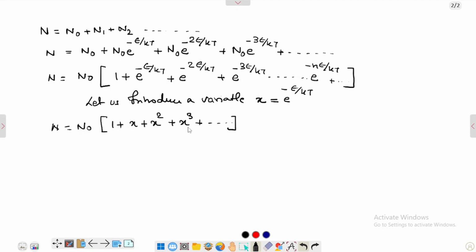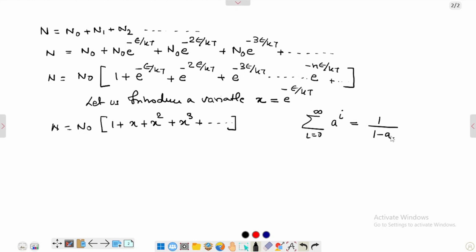If it goes on like this, it becomes an infinite series. This kind of series can converge, because we know that any series, summation of i equal to 0 to infinity a to the power i, will converge and give me 1 divided by 1 minus a.